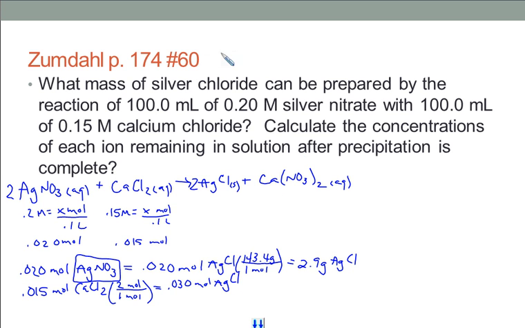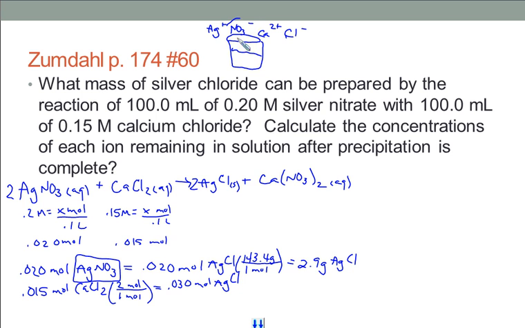Sometimes a helpful thought is to consider everything that's going into your reaction and everything that's being produced. I'm putting silver ions in there. I'm putting nitrate ions in there. I'm putting calcium ions in there. I'm putting chloride ions in there. And all of those things are going in there. Only the silver and the chloride are reacting to produce a solid at the bottom.